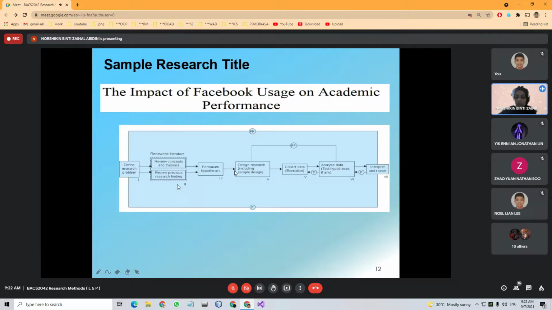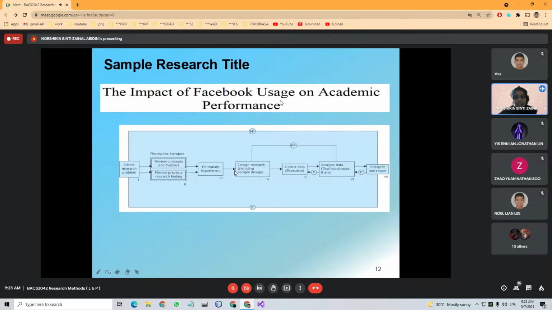If you do what people already do, that's not research. And then after you do your LR and understand everything, you need to write a hypothesis. A hypothesis is what you want to justify. For example, from the title here, the impact of FB usage on academic performance.